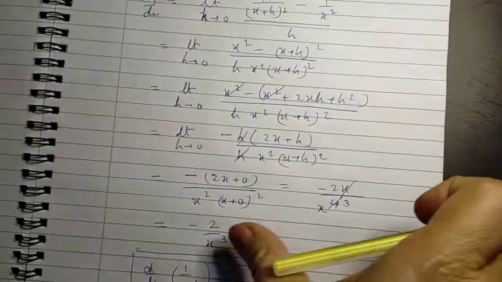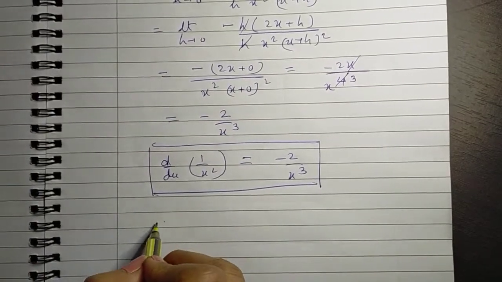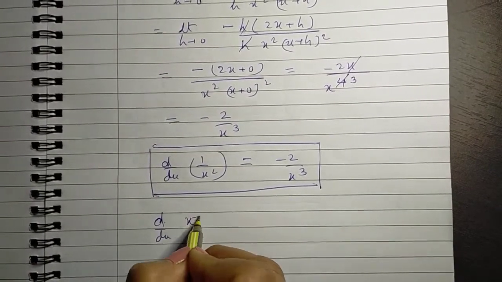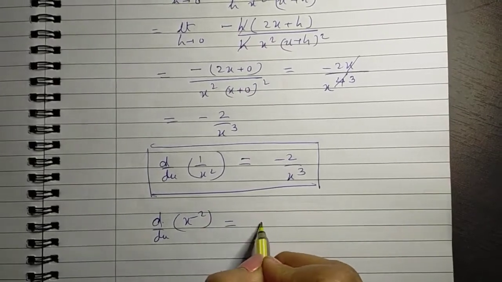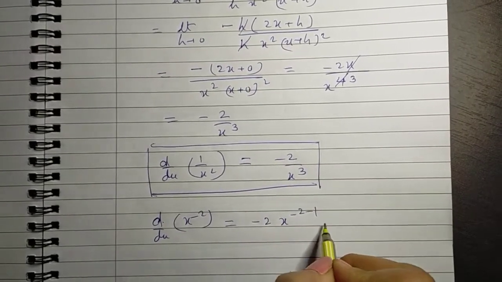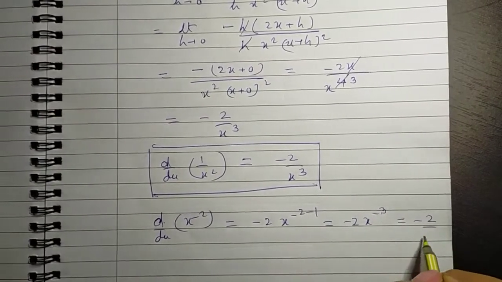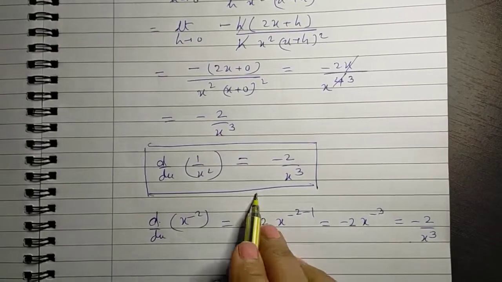Okay, now let's see whether we get the same result using the formula or not. So d by dx of x raised to the power minus 2 will be equal to minus 2 x raised to the power of minus 2 minus 1, that is minus 2 x raised to the power minus 3, which is minus 2 over x cube, the same result.